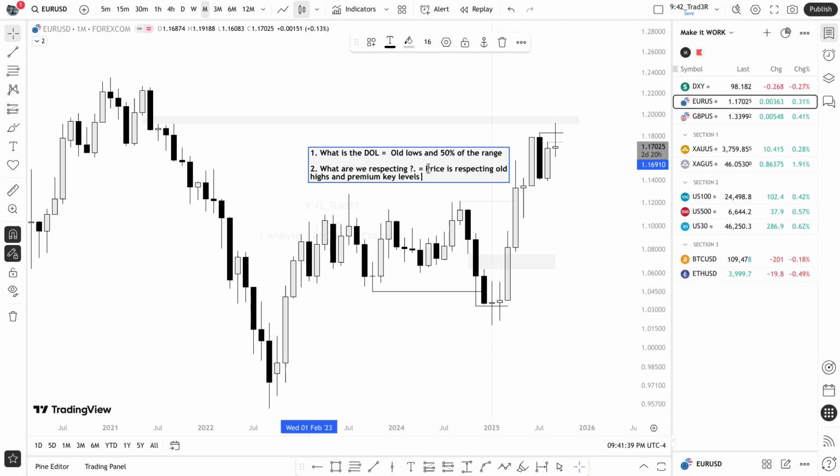So once this second question is answered, the next question you want to ask yourself, question number 3, is, what is the key level that is likely to be used?